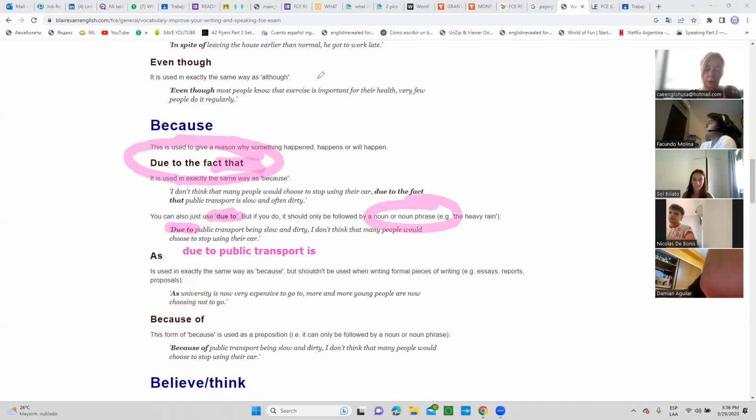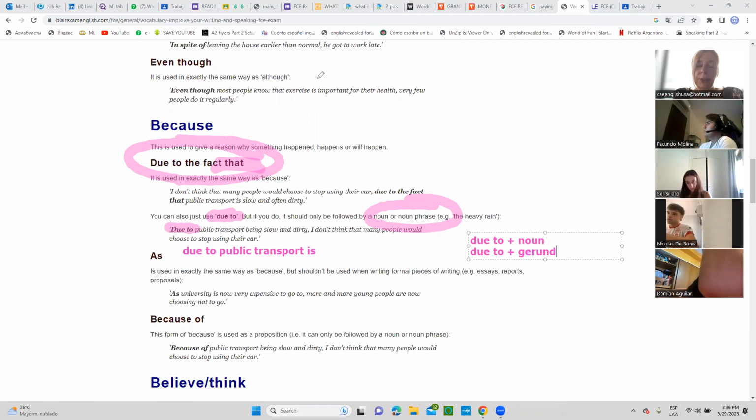What does this mean? Due to plus noun, or due to plus gerund. Due to the teacher waking up late, she arrived later to school.